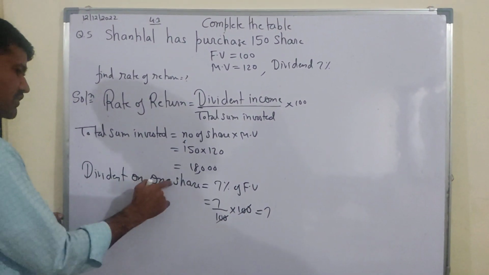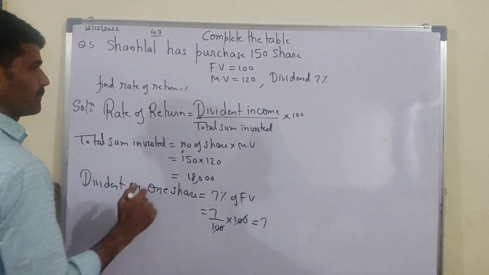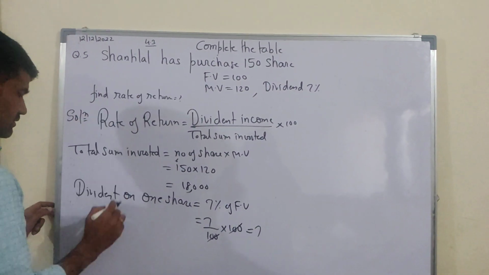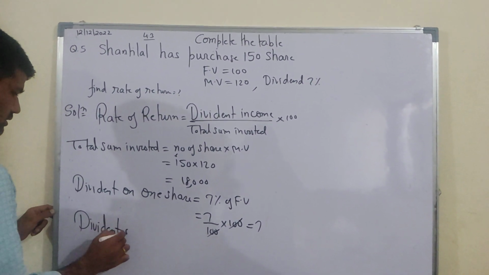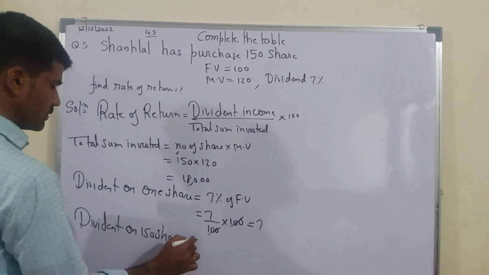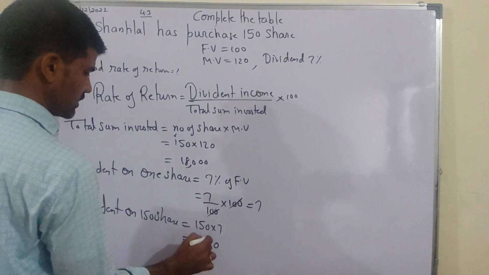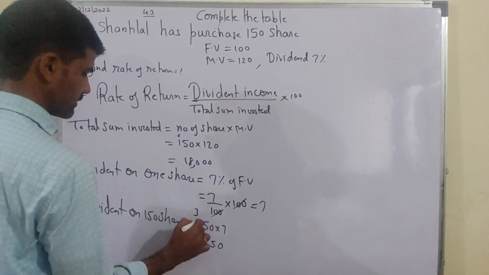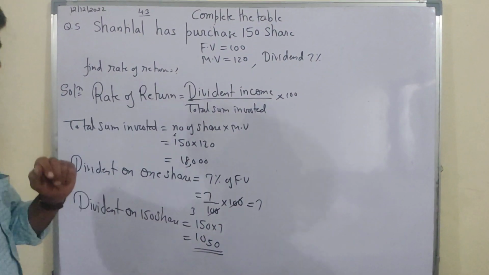Dividend on one share is 7. How many shares have I purchased, I mean Shanti Lal? Dividend on 150 shares equals 150 into 7. 7 zeros are 0, 7 5s are 35, 7 ones are 7, 8, 9, 10. 1050. Now whatever we want, we got it.